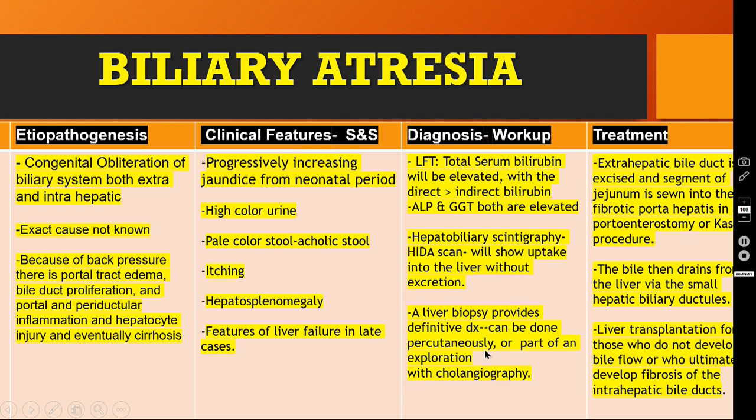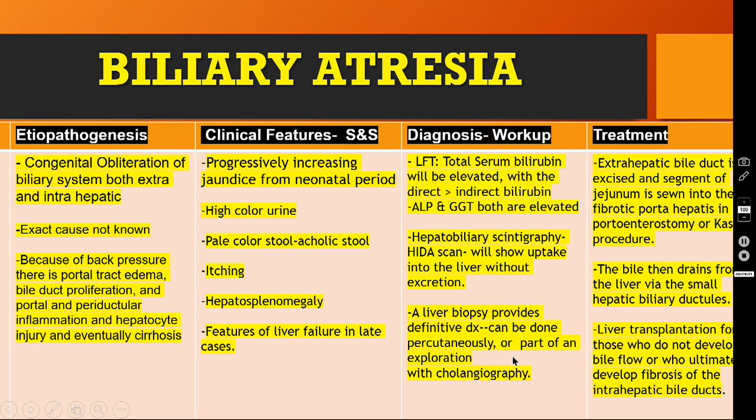This can be done percutaneously or as part of an exploration along with intraoperative cholangiography. Even though the hepatobiliary scintigraphy is positive, it is better to do an intraoperative cholangiogram also, because some of these cases may not be biliary atresia. It could be a case of inspissated bile syndrome, where the bile is very thickened.